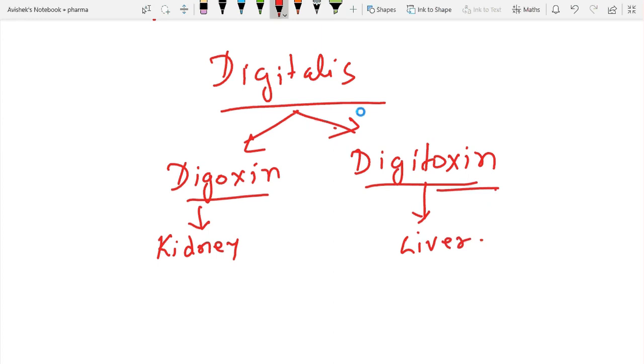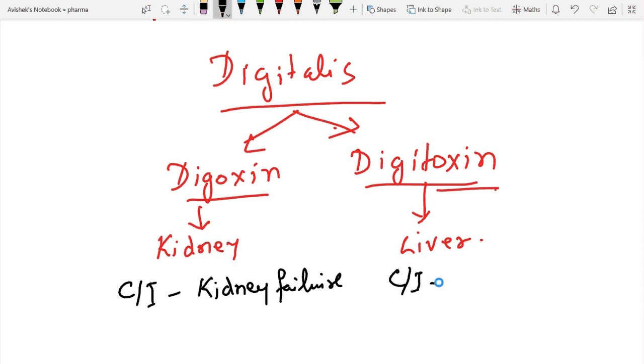So they have two contraindications. Digoxin is contraindicated in kidney failure, and digitoxin is contraindicated in liver failure.